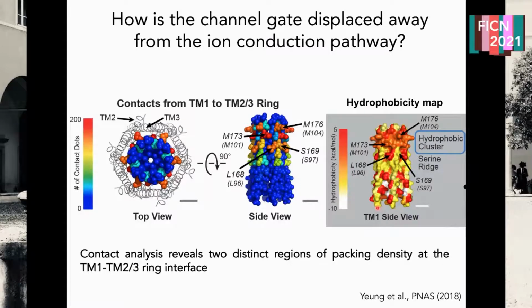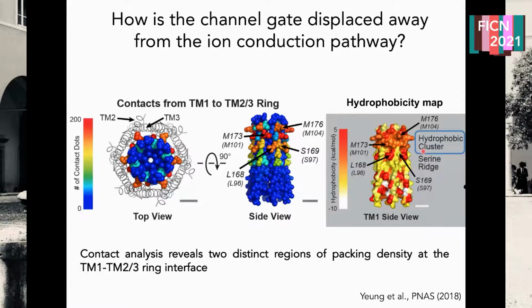Now, Priscilla also did an extensive what's called contact dots analysis and combined that with hydrophobicity analysis, and that gave us patterns of domains, revealed some interesting domains that were otherwise not visible.